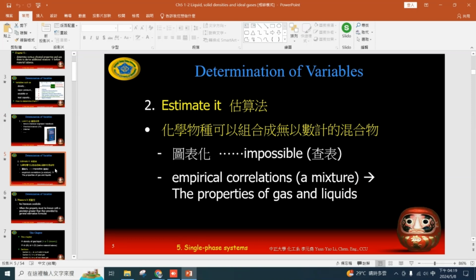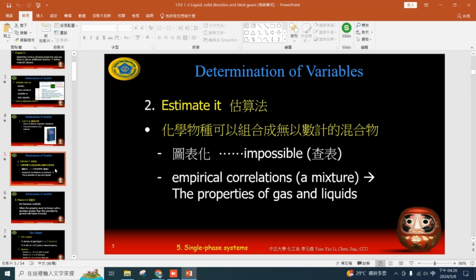things more complicated. For example, if you want to check the density of species A, then you can find out from the book. But if you want to find out the density of a mixture containing 55% A and another 45% B, that will be not easy to find from the books because you have hundreds and thousands of combinations.